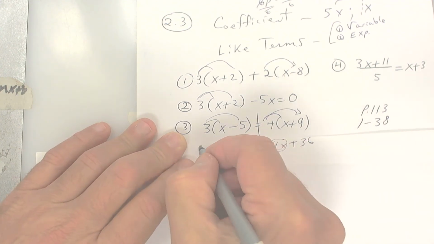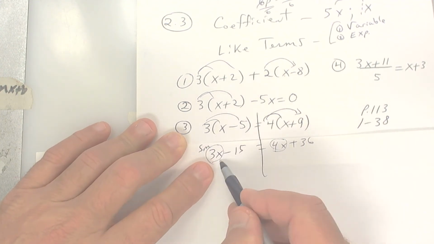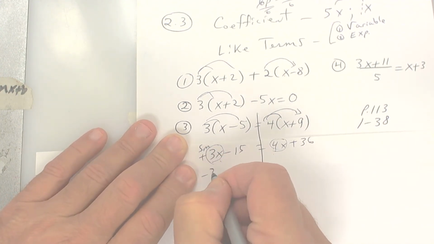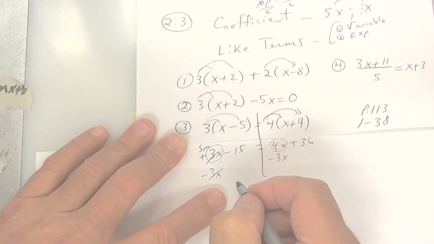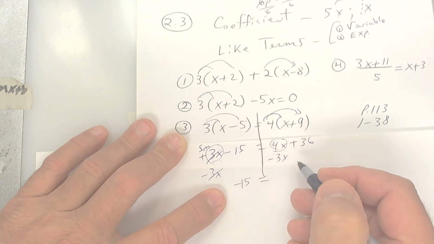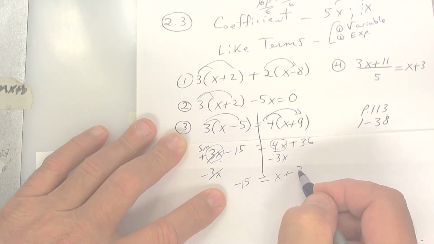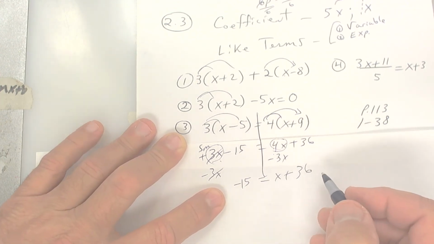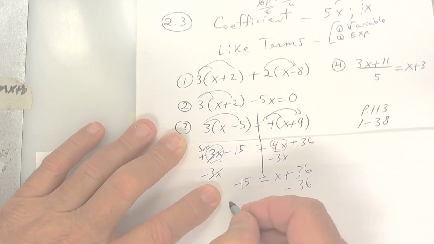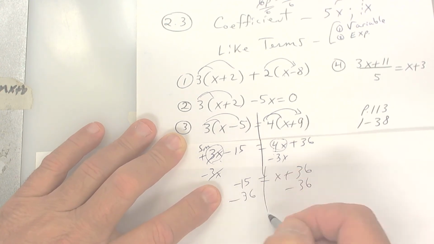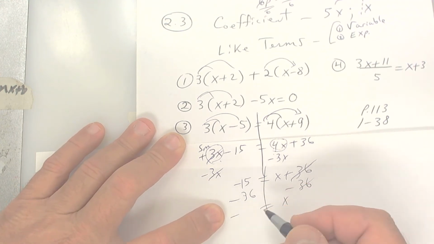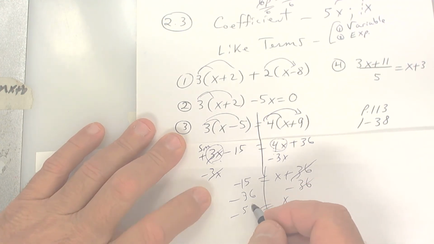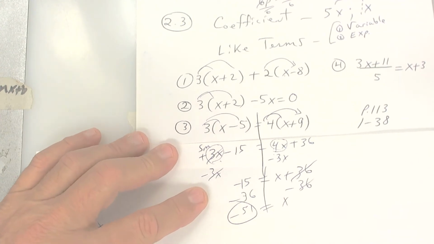But what you want to do is go after the smaller one. 3x is smaller, so you want to subtract 3x from both sides. When you subtract 3x, you get negative 15 is equal to x plus 36. And then you're going to subtract 36 from both sides. And when you do, you get x equals whatever that is. A negative 51, I think. And you can double check that.